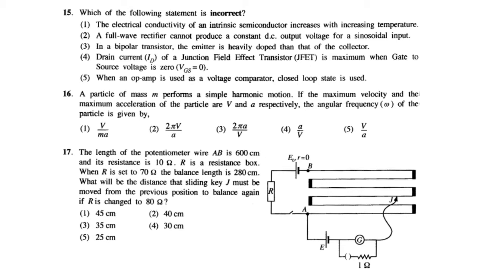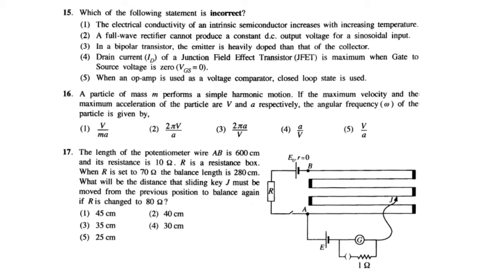5. When an op-amp is used as a voltage comparator, closed loop state is used. When an op-amp is used as a voltage comparator, it compares which input is greater than the other, whether the non-inverting input or the inverting input is larger, and it gives the output according to that.